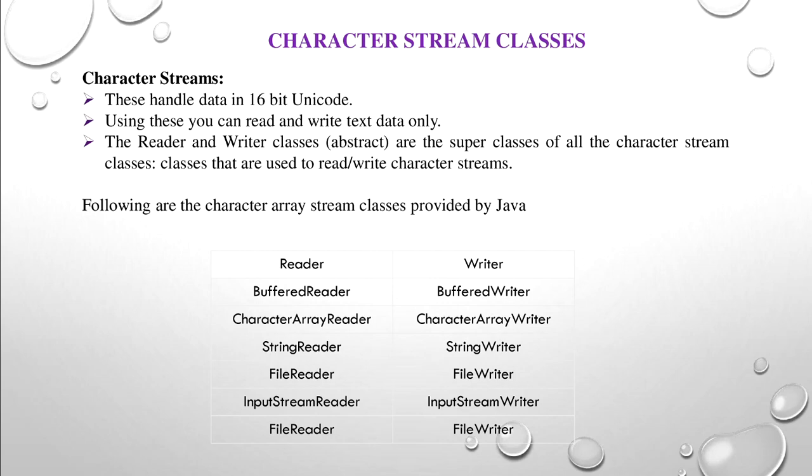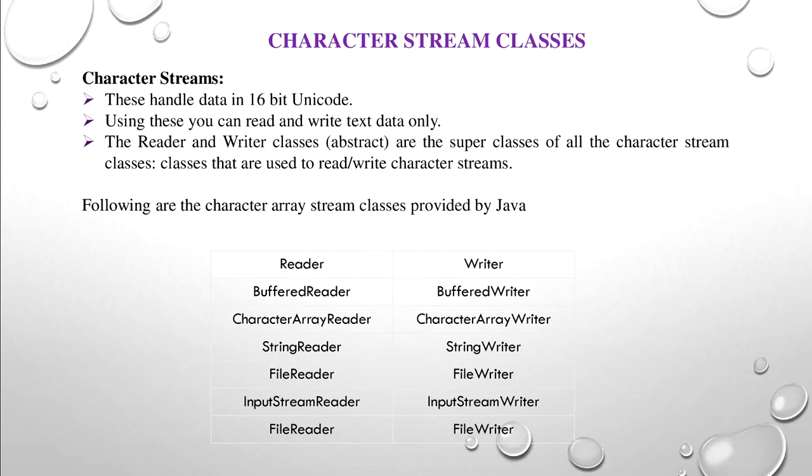The character stream classes have two different classes, the reader class and the writer class. If you want to read text from the stream, then you must go through the various reader classes. If you want to write text onto the stream, then you can use the various writer classes.